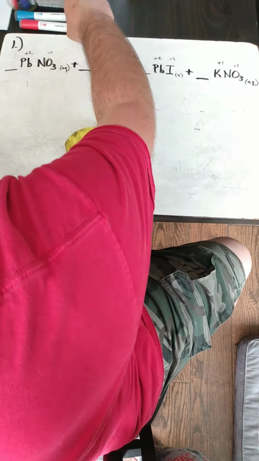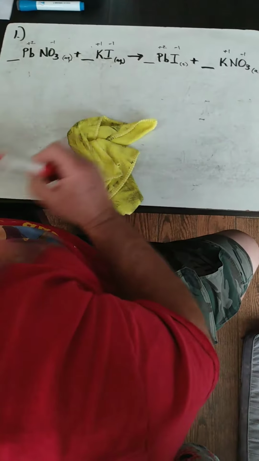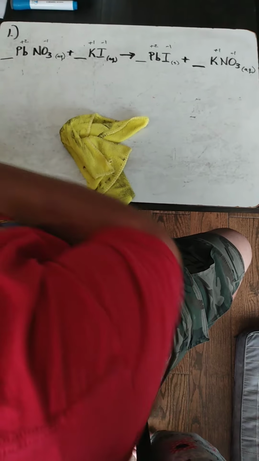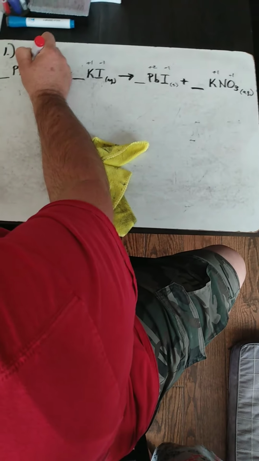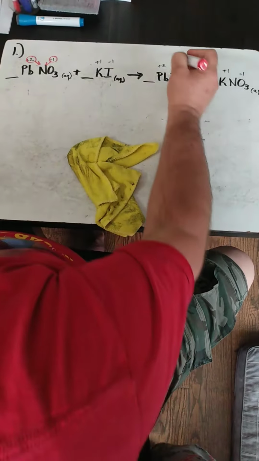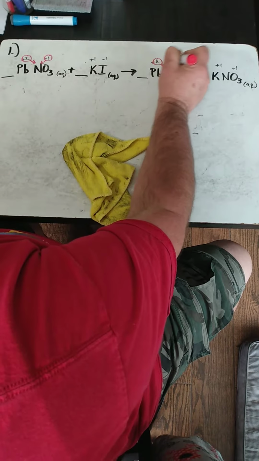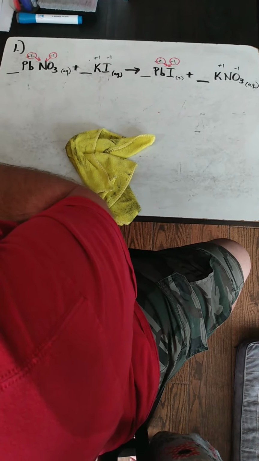And then, if it's 1-to-1, I don't have to worry about doing a crisscross. But these, I have to worry about doing a crisscross. So I'm going to crisscross these ions so that I now get the correct formula.